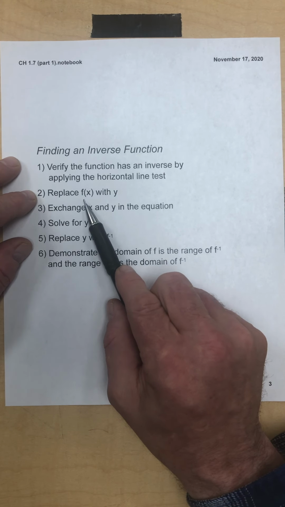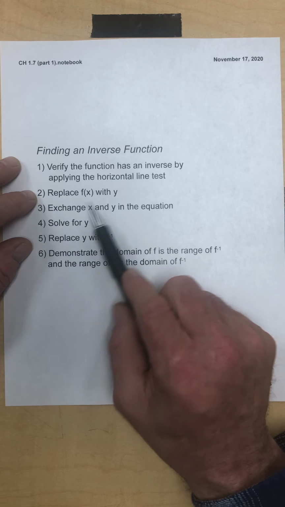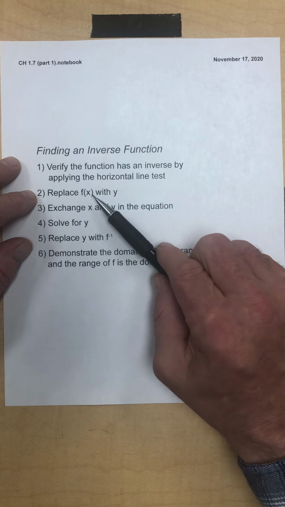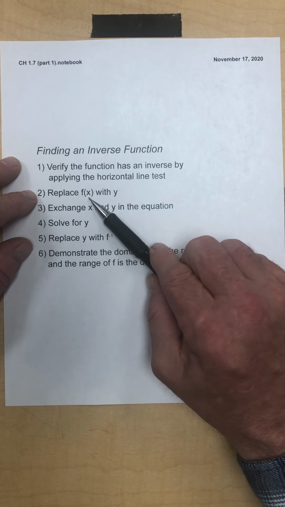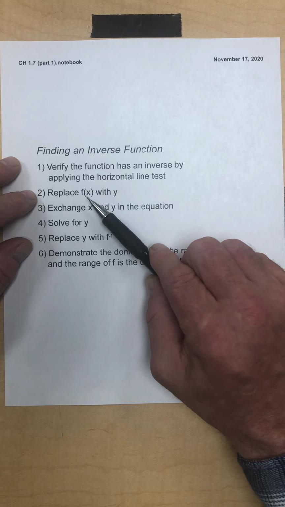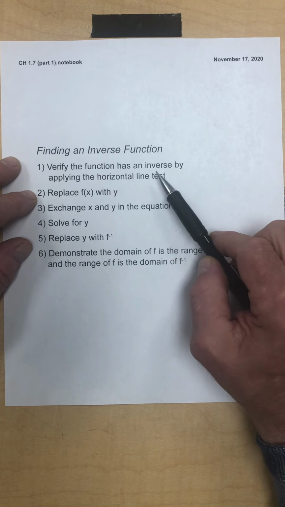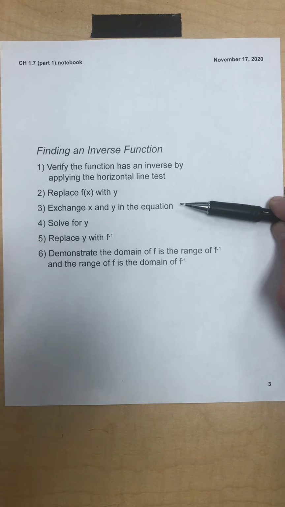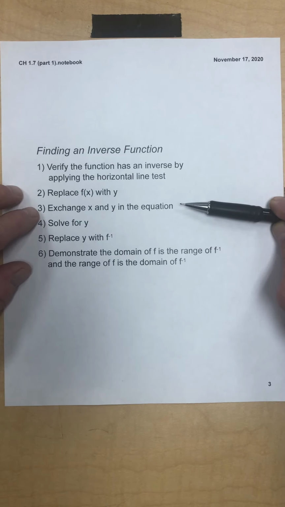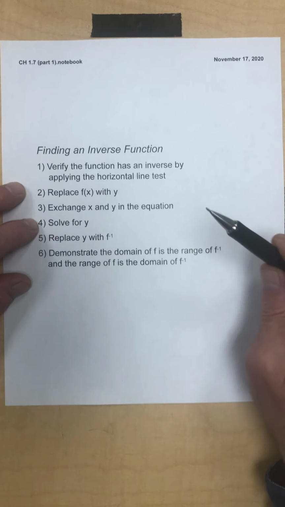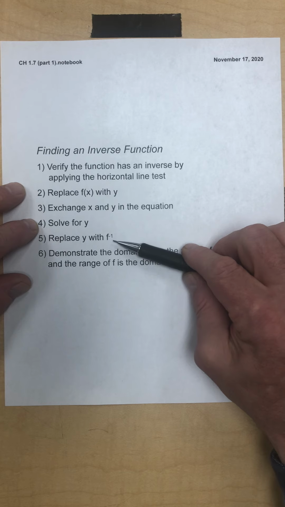If it's f of x equals or g of x equals or any function notation, get it out of function notation just by replacing the f of x or g of x or h of x, whatever it is, with y. Then we want to change all the x's and y's. So all the x's become y's, all the y's become x's. Once we do that, we solve for y. So we're going to isolate y. And then it's customary to go back to function notation.